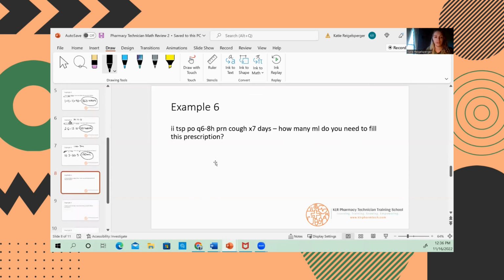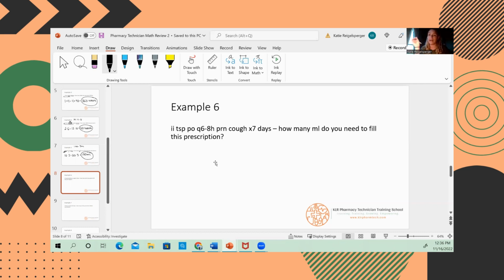Next one, go ahead and read this one to yourself. This one says take 2 teaspoons by mouth every 6 to 8 hours as needed for cough for 7 days. How many milliliters do you need to fill this prescription?